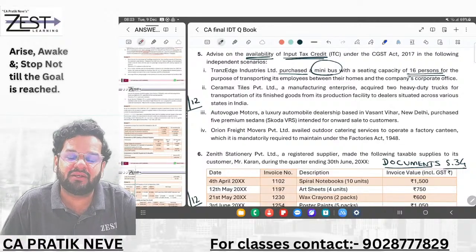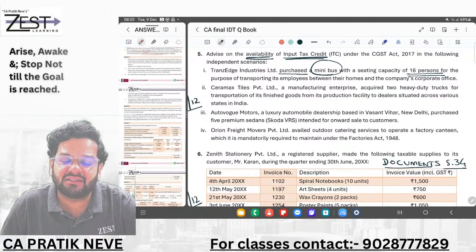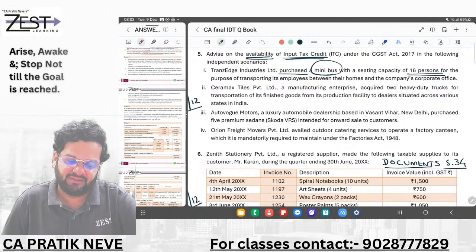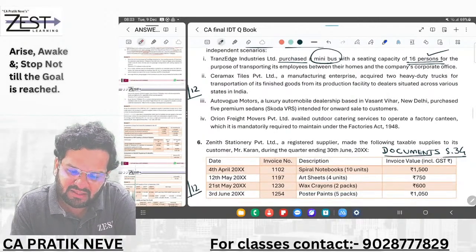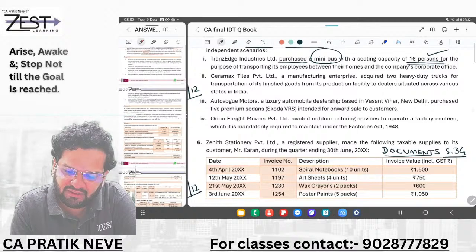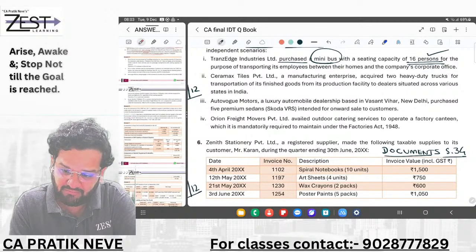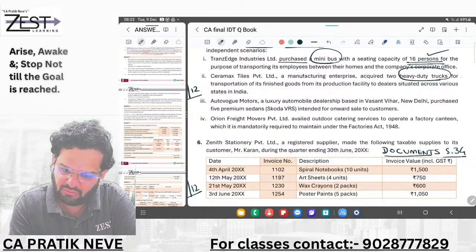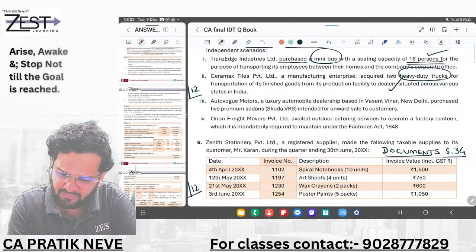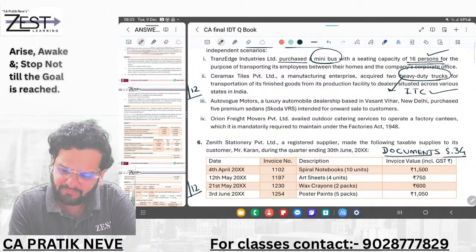Why? Because the sitting capacity is exceeding 13. So yes, ITC will be available. Ceramax Tiles Private Limited, a manufacturing enterprise, acquired 2 heavy-duty trucks for transportation of its finished goods. So of course, ITC will be available.